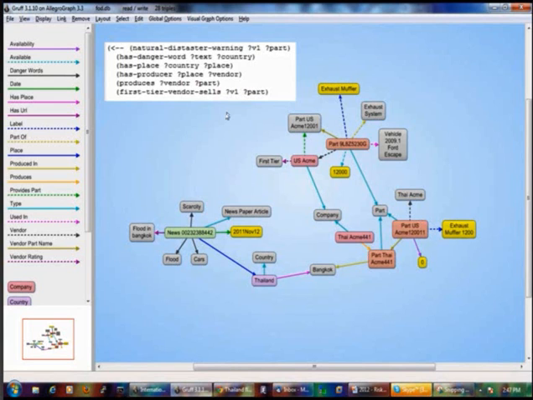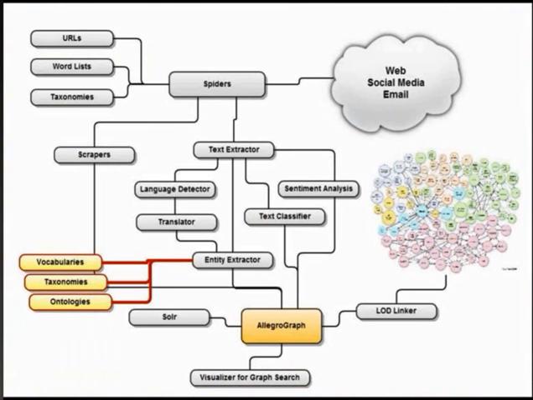But this was still all almost completely based on standard keyword extraction by standard keyword entity extractors. So we started working on a project where we actually could use our own vocabularies, taxonomies, and ontologies, yeah, and add it to entity extractors. And so we actually wrote that ourselves, and we applied it.